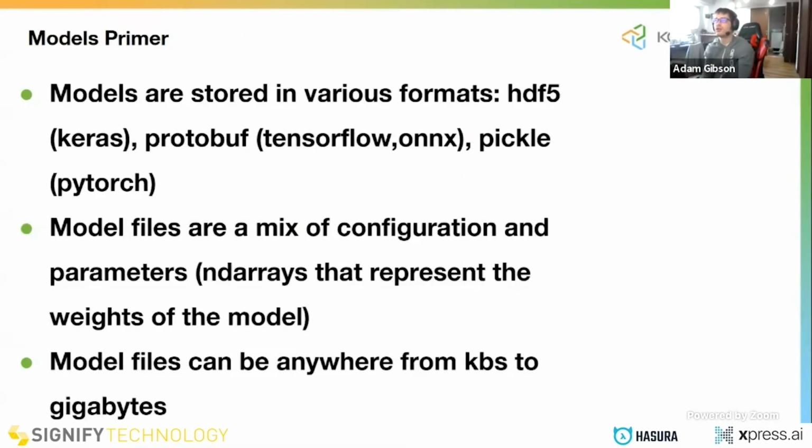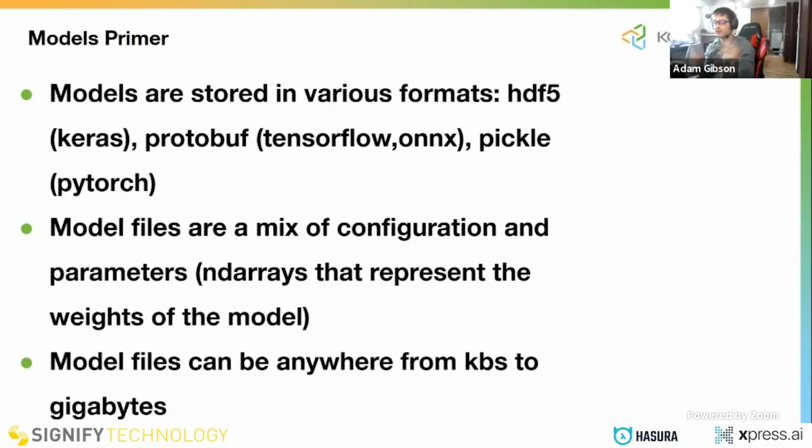So models, for those that aren't familiar, maybe as an engineer you don't really know how a model is stored. It's done using HDF5, protobuf, or pickle, depending on the various frameworks you use. These models are big. They generally contain a DAG, just like this. An add is like X plus Y, output Z, and then that's all connected via a computation graph.